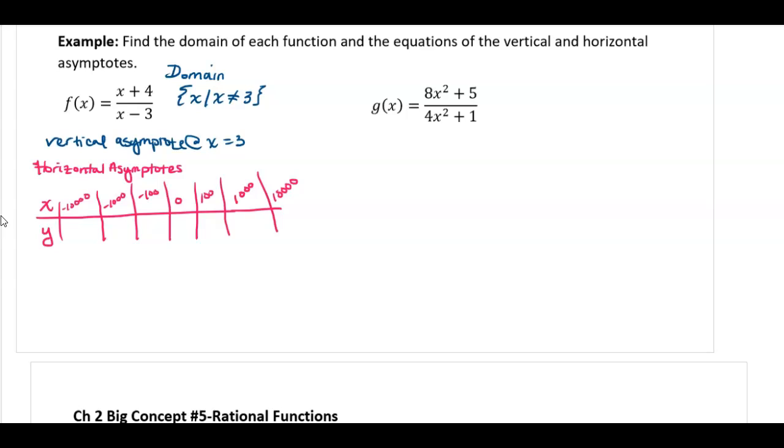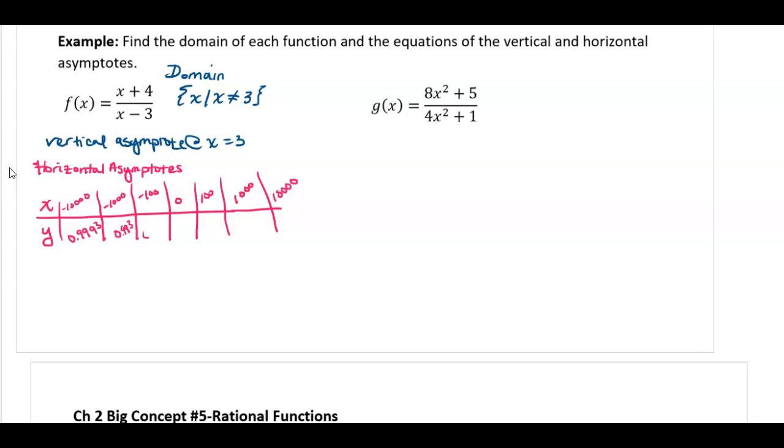All right. Now, if I pulled out my calculator, I would see that if I put in negative 10,000, I would get 0.9993. For negative 1,000, I'd get 0.993.